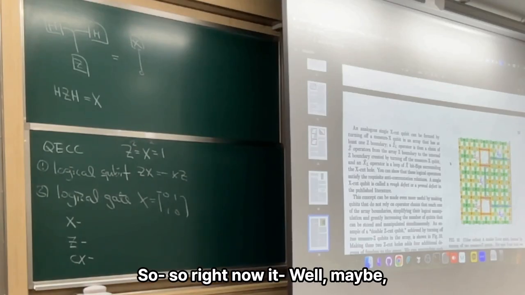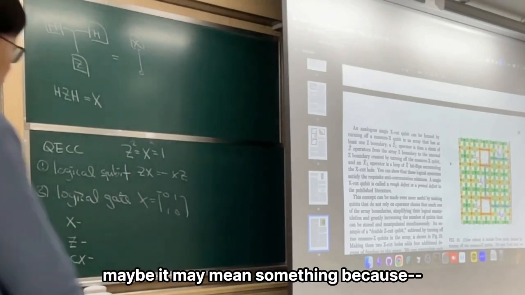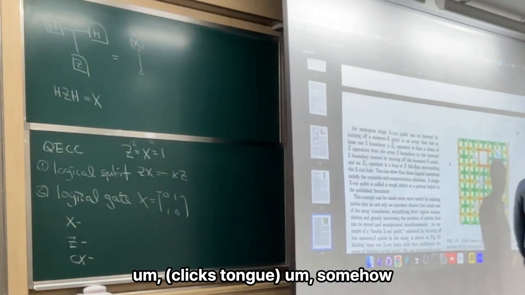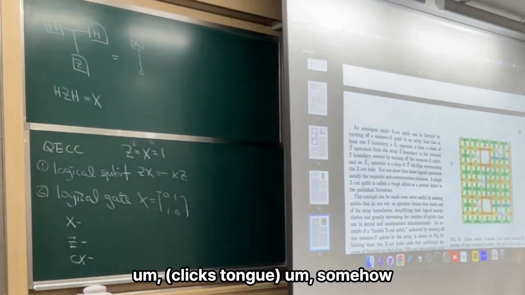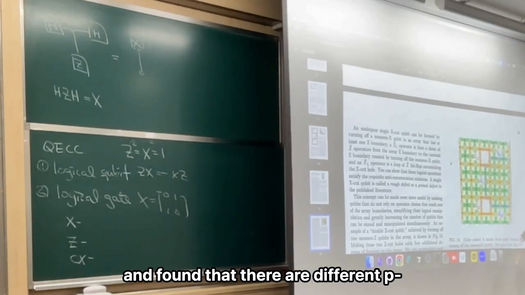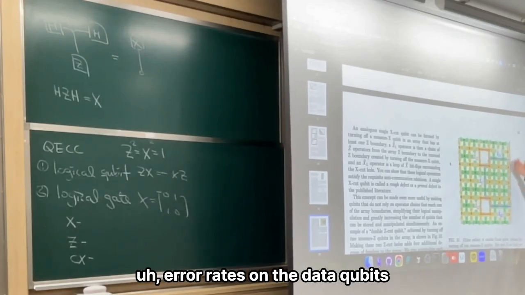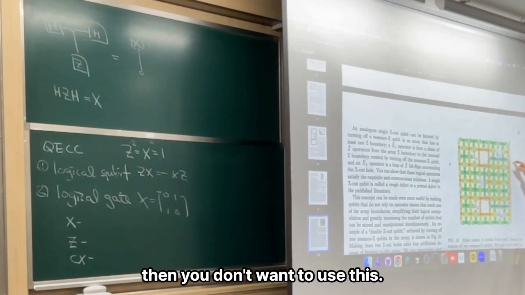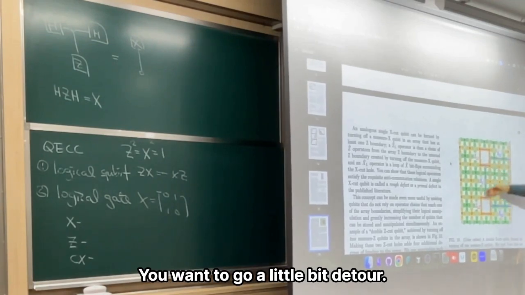So right now, maybe it may mean something because, let's say you found that somehow, if you really made a quantum computer, there are different error rates on the data qubits or stabilizer qubits in this range, in this array, then you don't want to use this. You want to go a little bit of a detour.